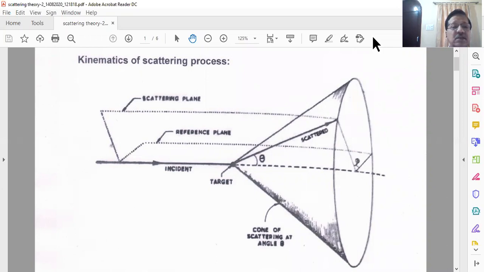Friends, in my first lecture, I gave you the kinematics of the scattering process, and I defined the differential scattering cross section and total scattering cross section.